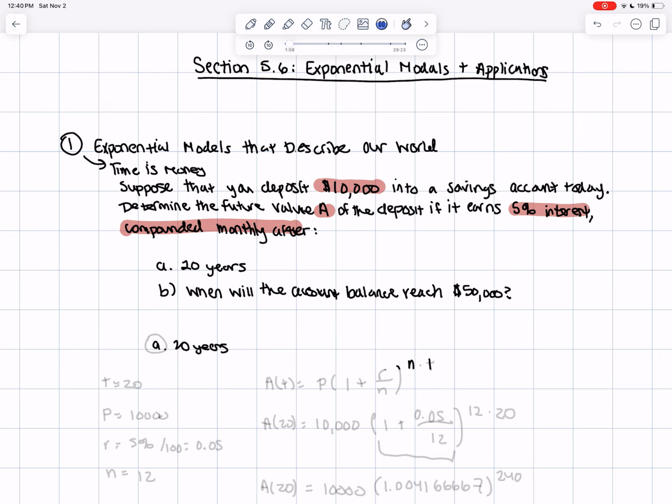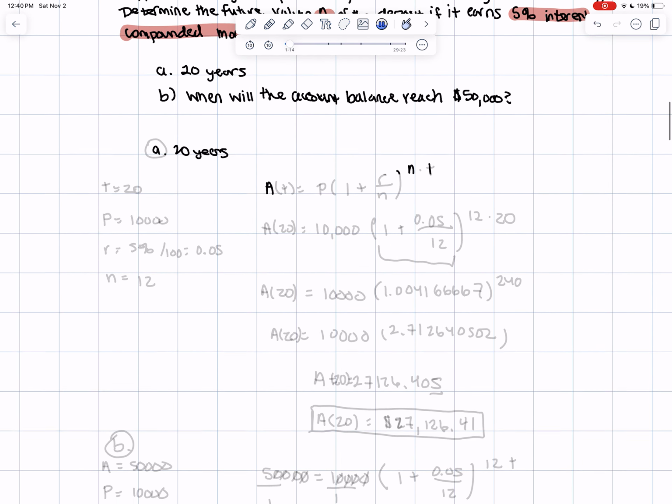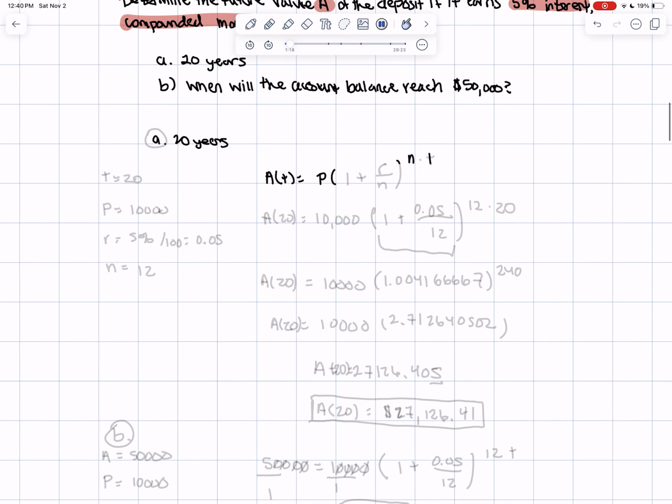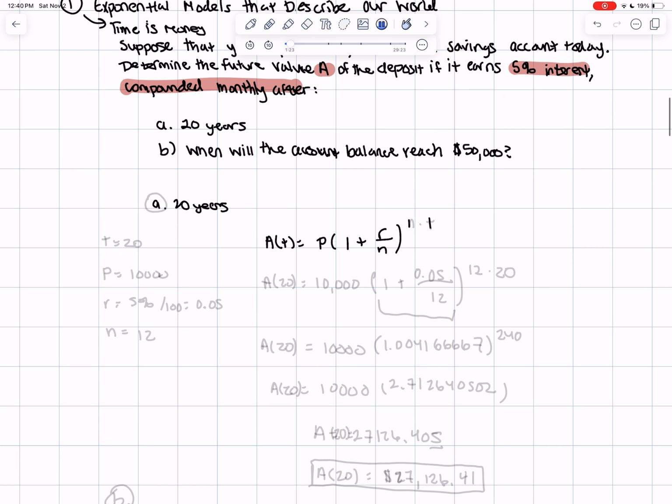The formula that we're going to use for this is A of t equals P times (1 plus r over n) raised to the n times t.